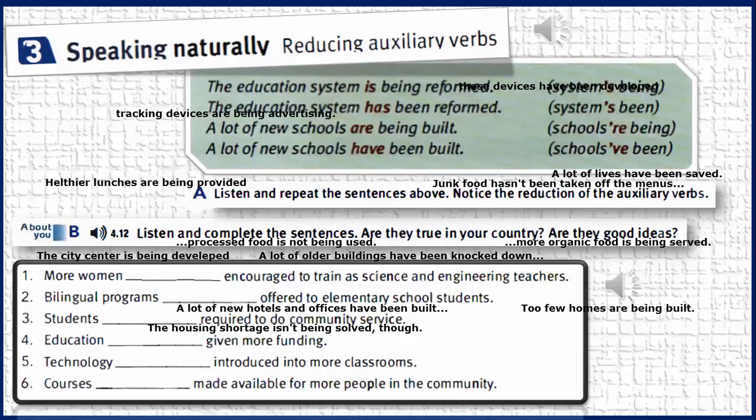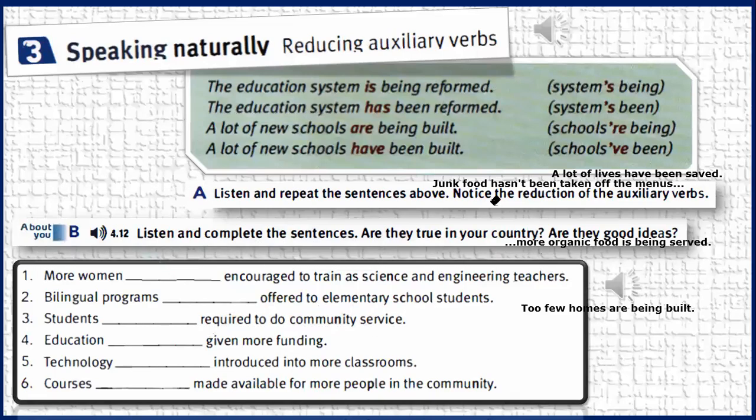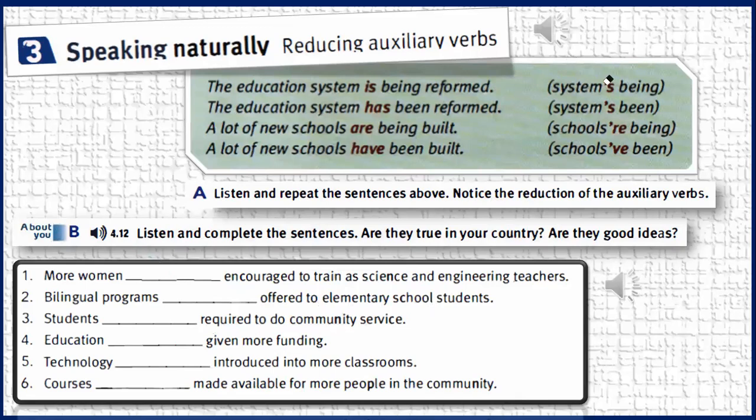Here we have a listening activity. Let me erase all of this. Now, what are we going to do here? We're going to listen carefully to the reducing auxiliary verbs. We're going to reduce verbs, especially with verb be and auxiliary verb have or has.